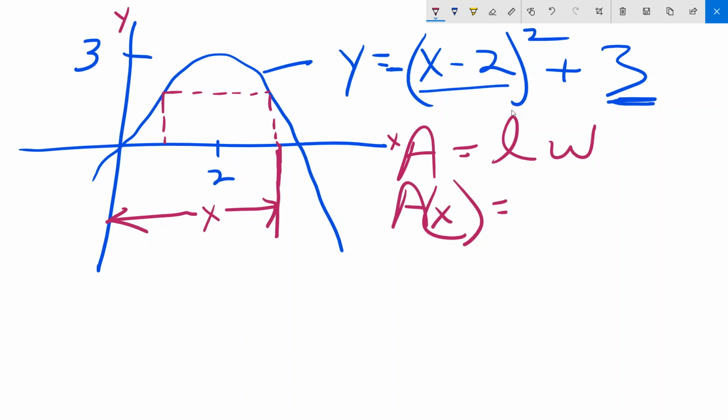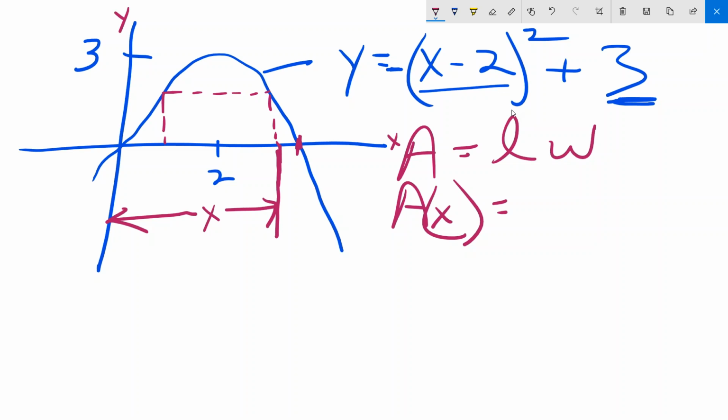X is the distance to the far side of that rectangle. So could we do x minus 2 times 2 for the length? I have to work this out again in my head.